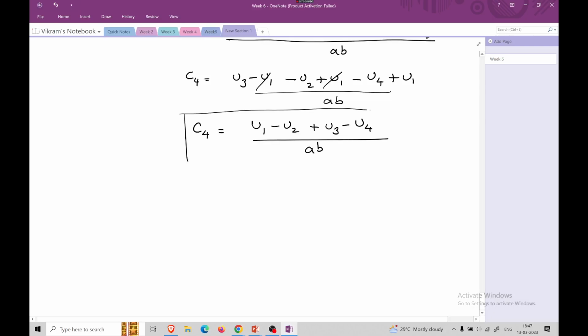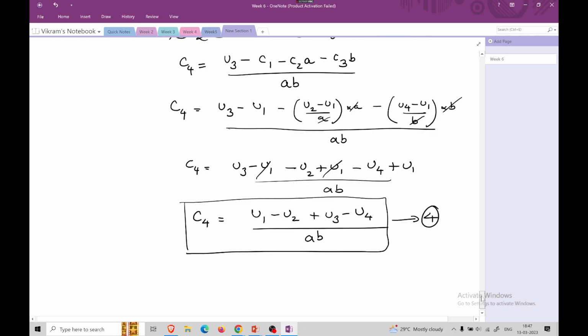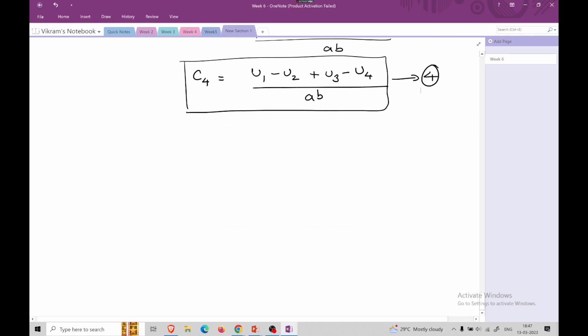So this is my fourth equation. We have seen all this in the last session also, and in the lectures also sir might have dealt with this. Till here I hope there is no doubt. Is there any doubt in how we derived C1, C2, C3, C4? No, sir. Okay, so we'll directly go to the formula now.